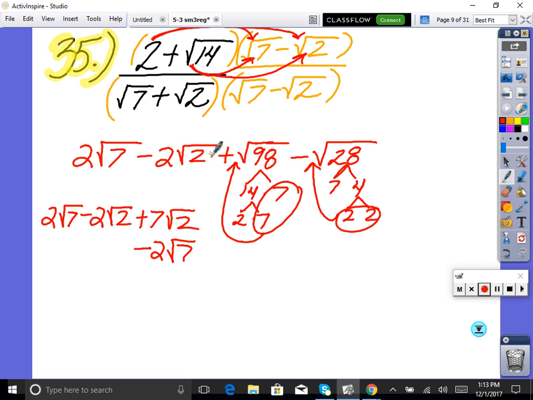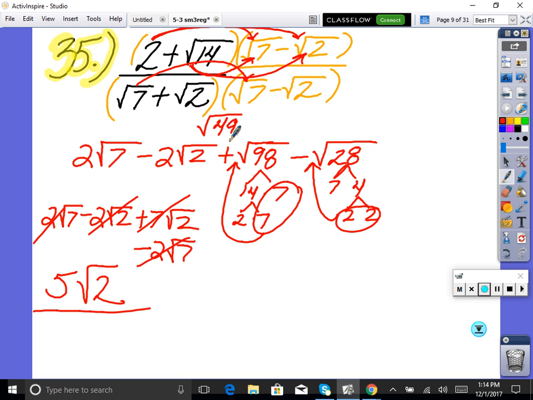Then I simplified the radicals. And I get 2 root 7 minus 2 root 2 plus 7 root 2s minus 2 root 7s. So then these cancel out, and then these add up to be positive 5 root 2, everybody, on top. Somebody got it right up here. Now on bottom, when we multiply this out, root 7 times root 7 is root 49.